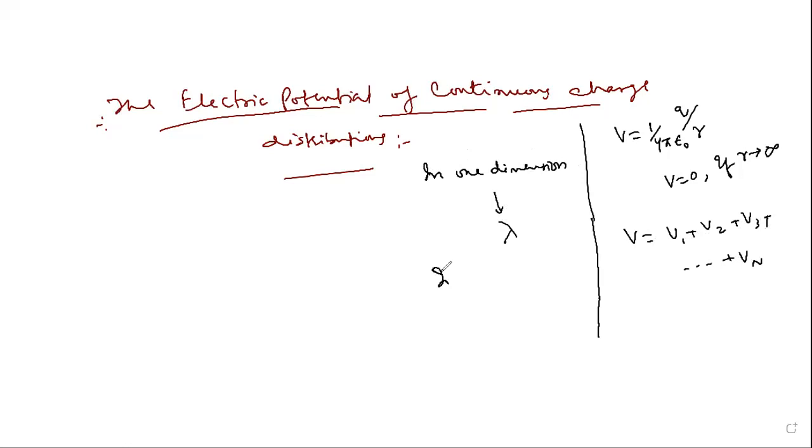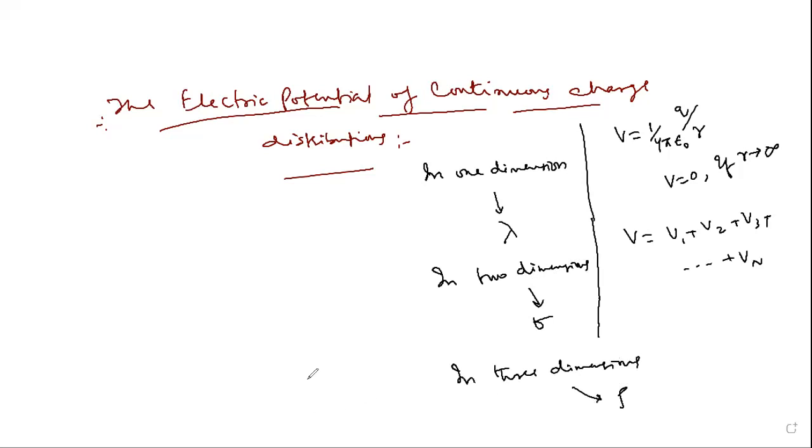In two dimensions, if charge is distributed in two dimensions, then we define a quantity sigma, surface charge density. And in three dimensions, we define a quantity rho, which is volume charge density, right?